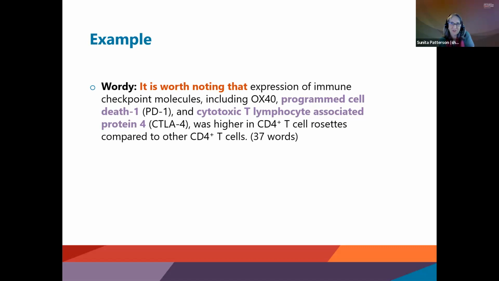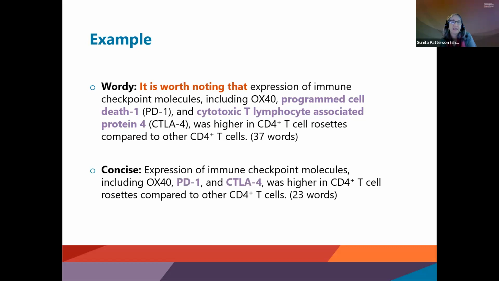Again, watch out for empty phrases, like "it is worth noting that." And when you are reporting common molecule names, proteins or genes, especially here where they're super common, in many cases you don't need to have the full name if you have context. So for example, here we say immune checkpoint molecules, and it's sufficient to say including OX40, PD1, and CTLA4 without providing the full names.